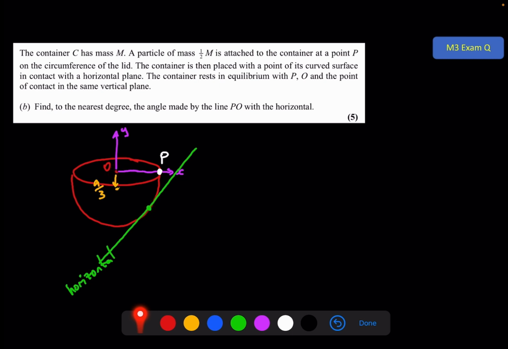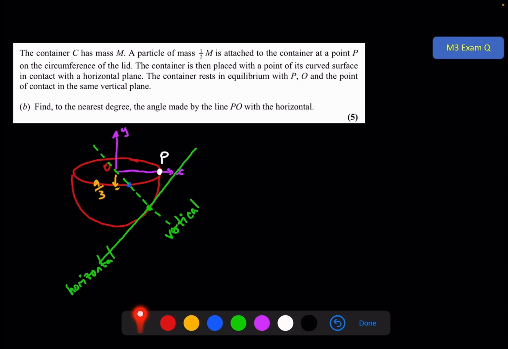The second useful thing we know is that given it's in equilibrium, the center of mass of the new system with the particle P attached must also be above that point of contact. If it were not, then it would not be in equilibrium. So our vertical line goes through both of these points and the point of contact here.